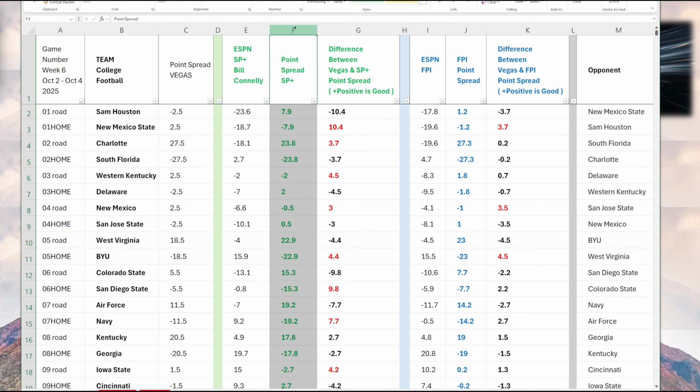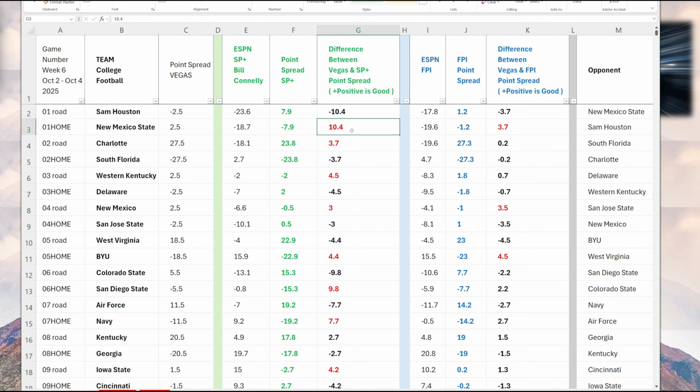From these power ratings, I calculate a point spread, and then I compare the point spread from the ESPN number to the Vegas number, and I look for a difference. We see here in this New Mexico State game, there's a difference of 10 points. That's a significant deviation from the Vegas point spread.